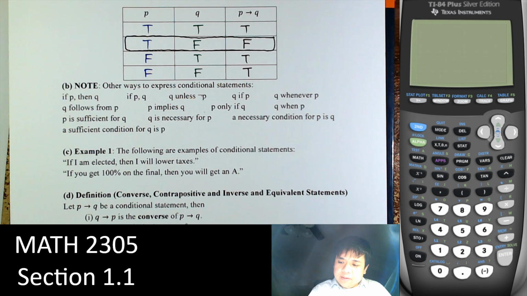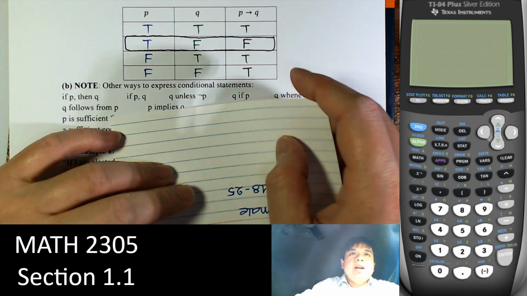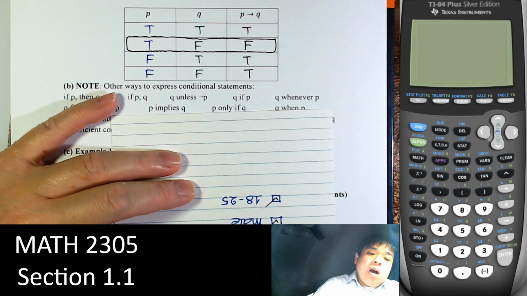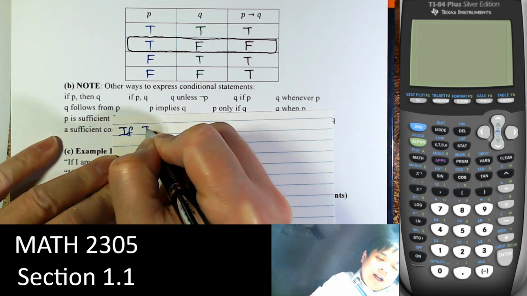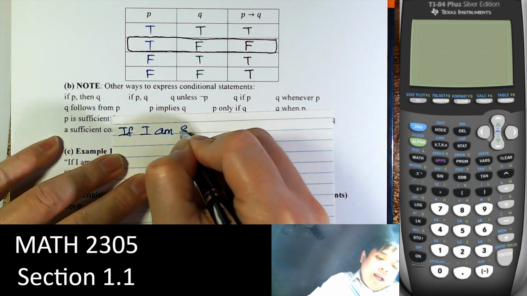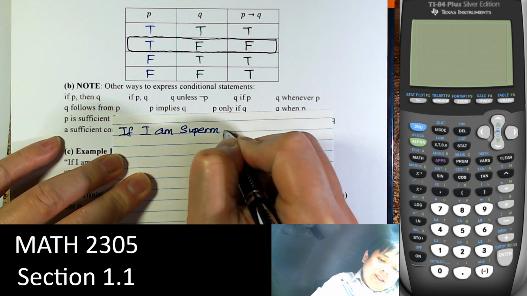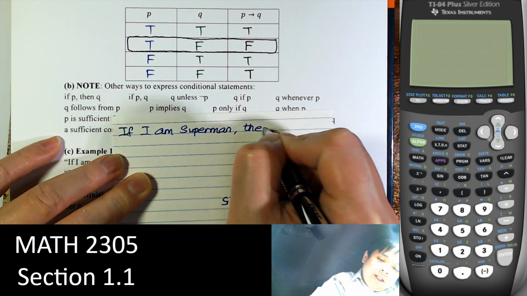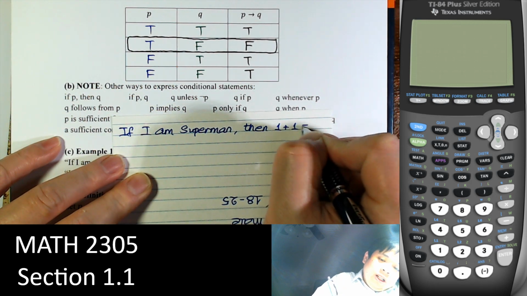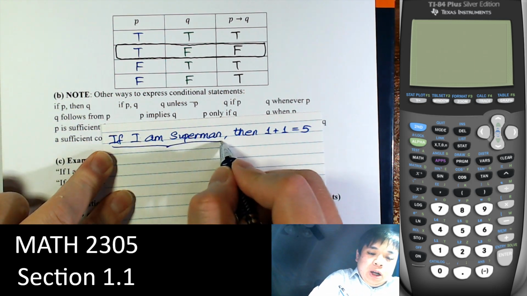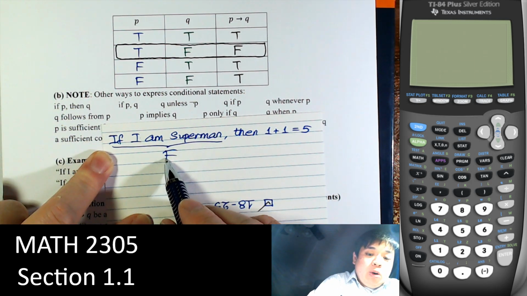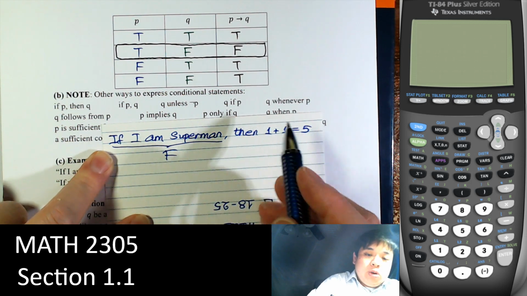Now, just to give you one example. According to this, I might say, if I am, say, Superman, then 1 plus 1 is equal to 5. It is a true statement because that first part is false. After false, doesn't matter what it is, true or false, it's still true.